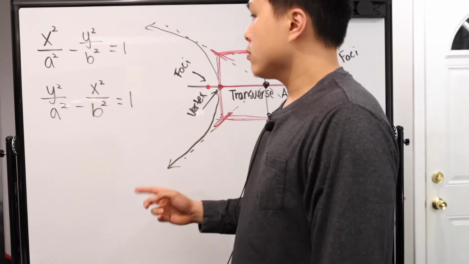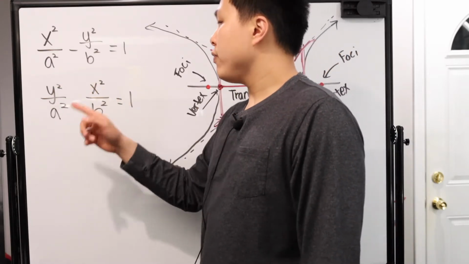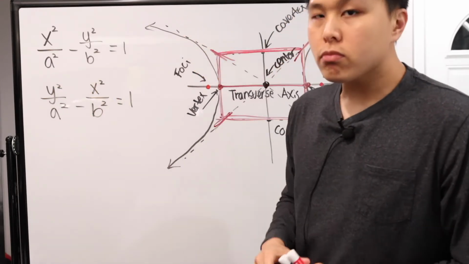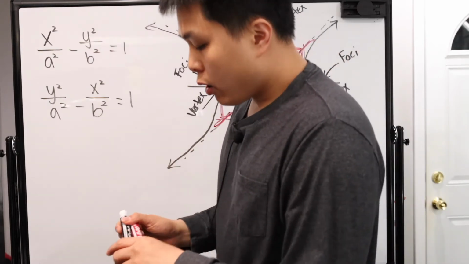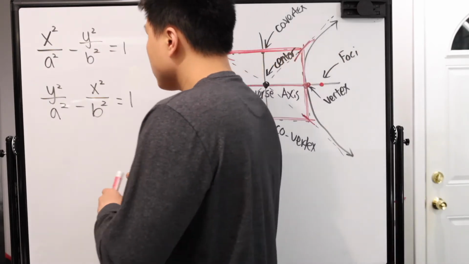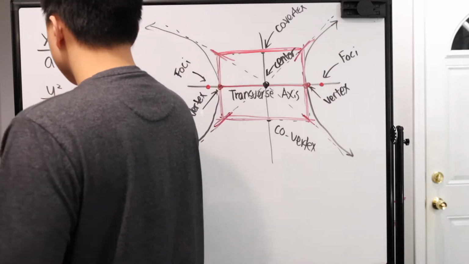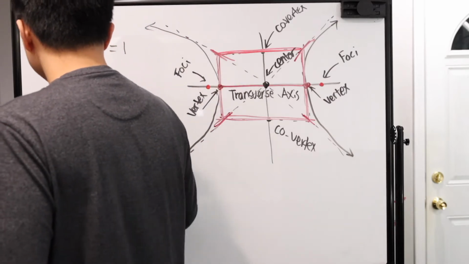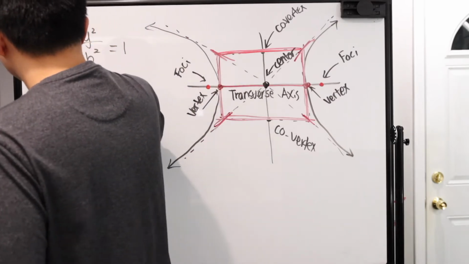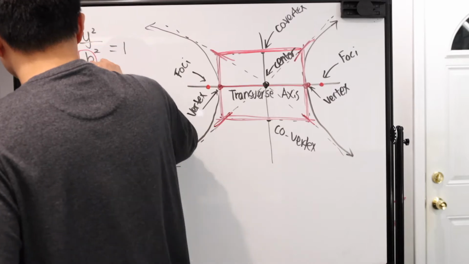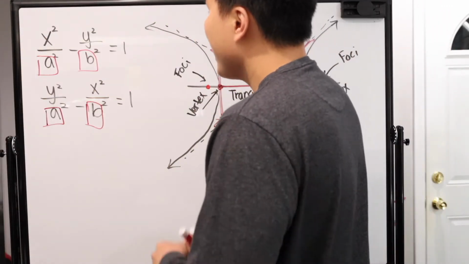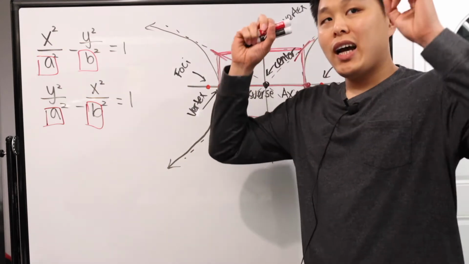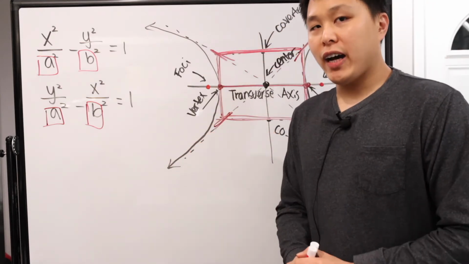The second one is this whole idea of a squared and b squared. I don't like it that much. But the idea of a squared and b squared, more importantly, the a and b, right? Those tell you the vertex or the co-vertex, depending. And that's why it can get confusing when people try to write formulas, because of the depending factor.